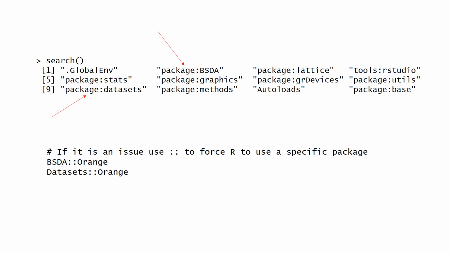The second place R looks is the BSDA package. Later, the ninth place R looks is the datasets package. Since BSDA is before datasets, BSDA masks datasets. This is normally not a problem, but if it is an issue, you can use the double colon operator to force R to use a specific package.